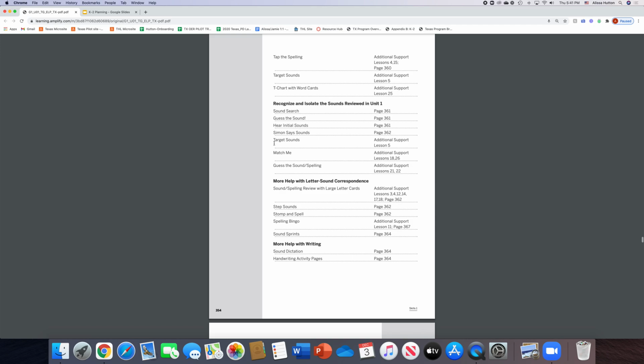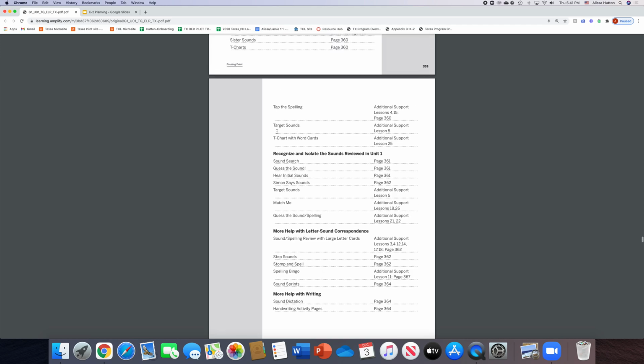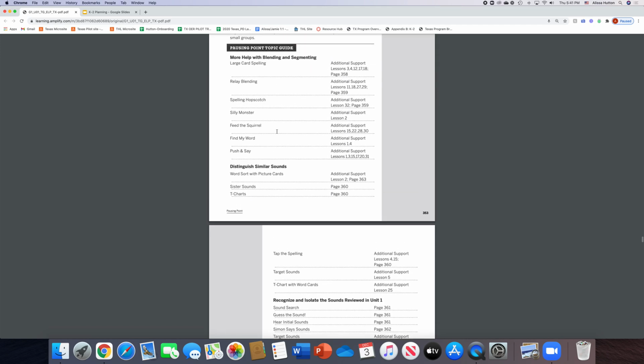So for example, if I'm noticing that my students are struggling with blending and segmenting, or I may have just a handful of students who are struggling with that, there are multiple different activities that I can look through and determine which one I want to use to help support building that foundational skill.